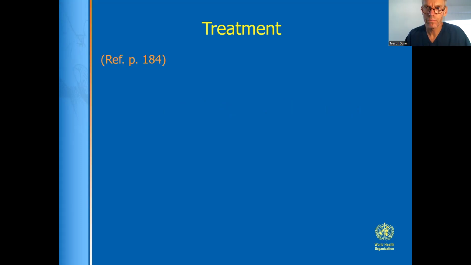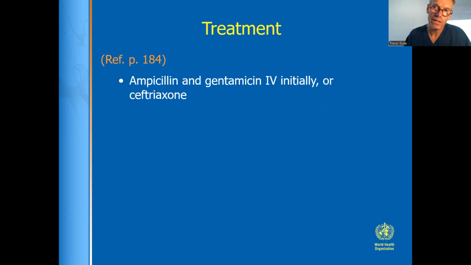And you can look up the WHO Hospital Care for Children book on page 185, the second edition, and it says for a urinary tract infection or serious systemic bacterial infection, then giving ampicillin and gentamicin is the right thing to do. So intravenous ampicillin and gentamicin gives you the doses for those as well.